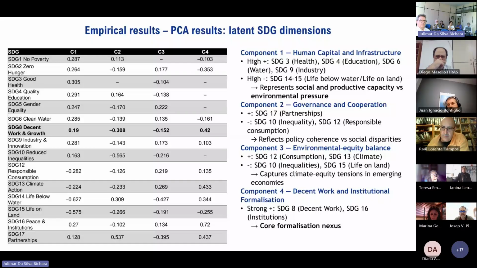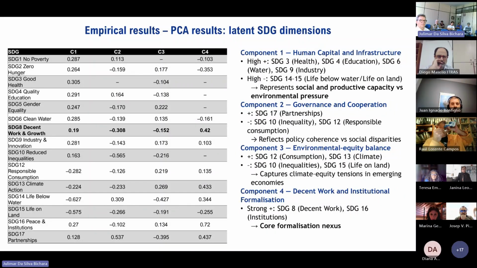The second component, the one related to governance and cooperation, we can see that in terms of partnership, we have a pretty high coefficient, while the negative values were related to reduced inequalities and also to responsible consumption. And this would reflect the policy coherence versus the social disparities.